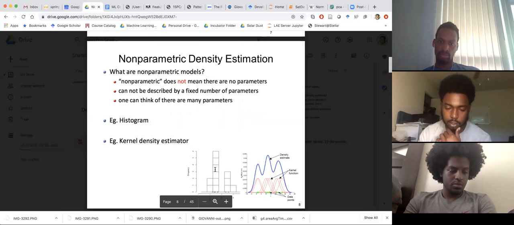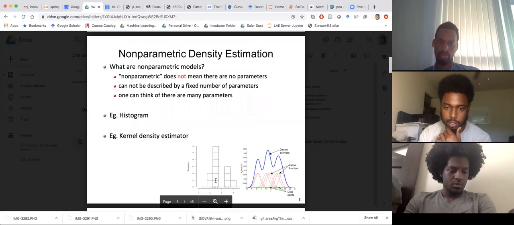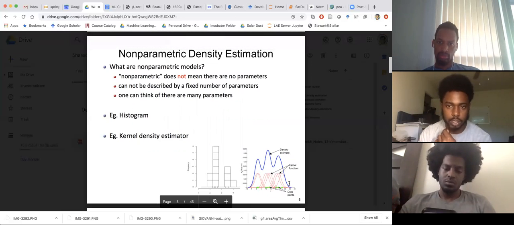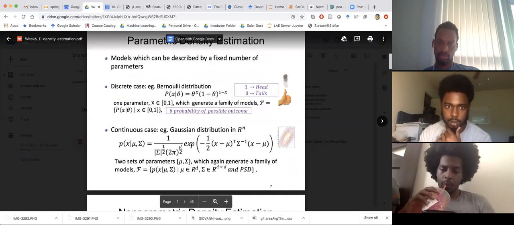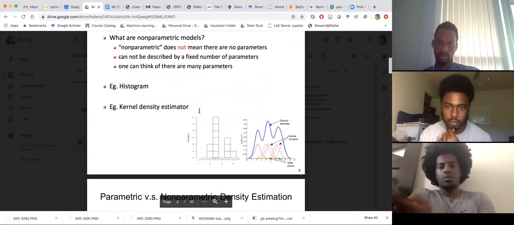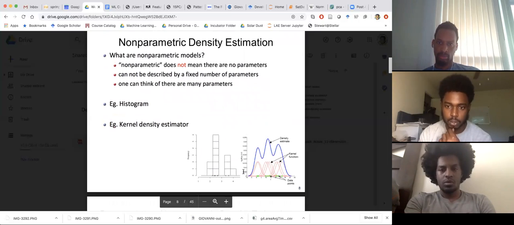You can see that there's higher frequency in this individual bucket. And this is actually a kernel density estimator, where instead of just taking one, let's say Bernoulli distribution or Gaussian distribution to represent this data, we're taking a lot and adding them to get this density estimate.